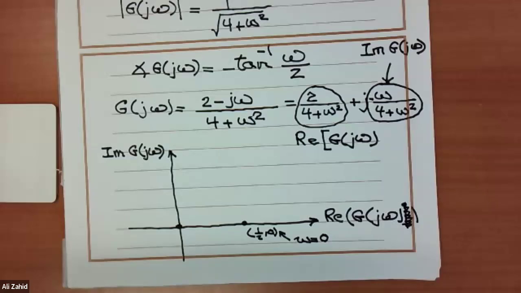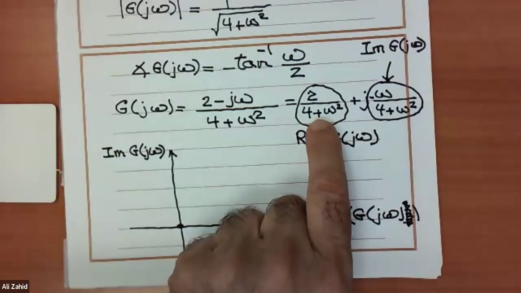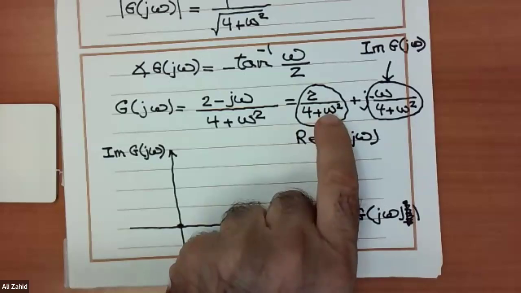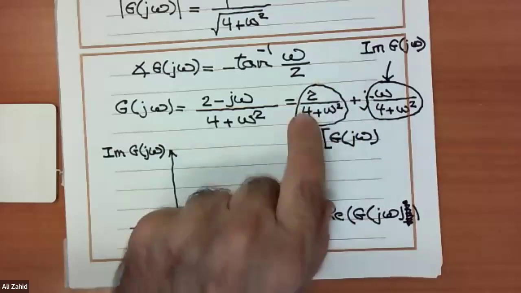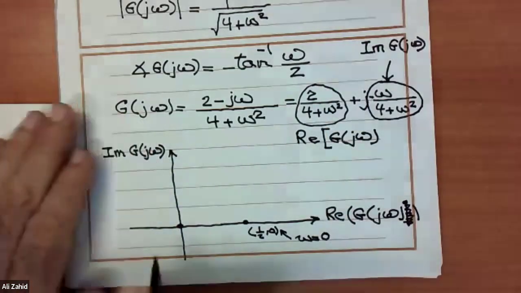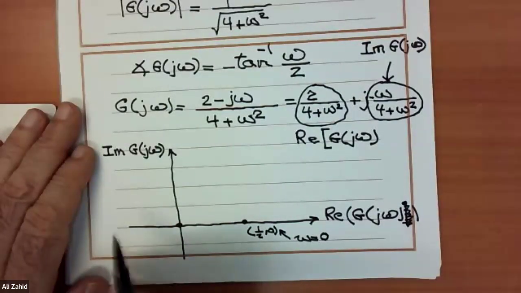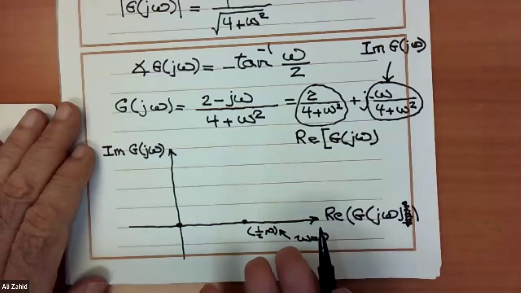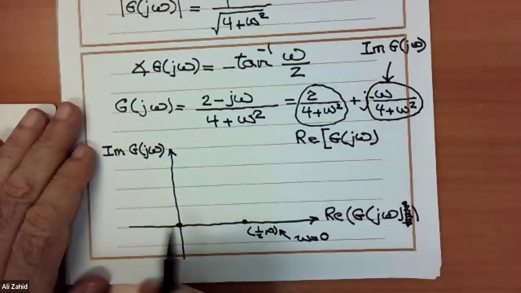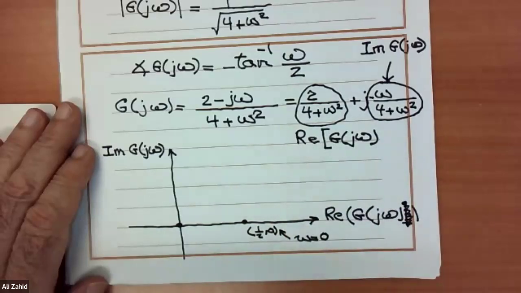This is the real part. As omega goes from 0 to infinity, will this part be negative or always positive? Always positive. Which means we are not going to go here, because this is the negative real part. There is no negative real part here. The real part is always positive.